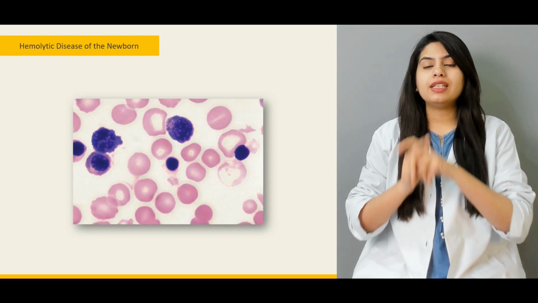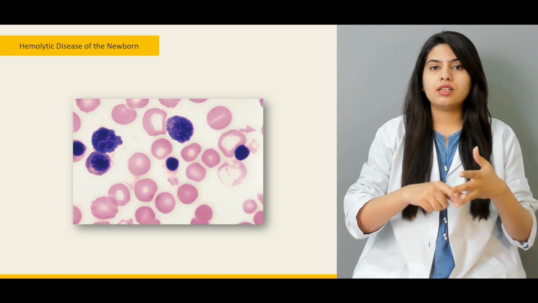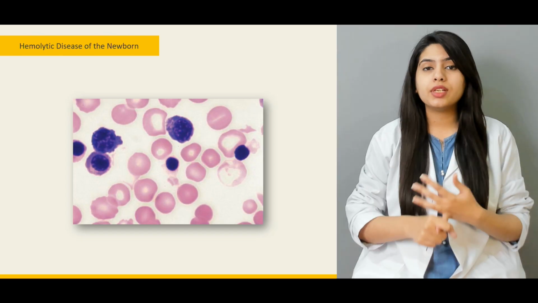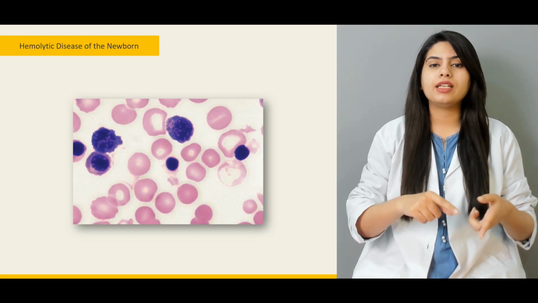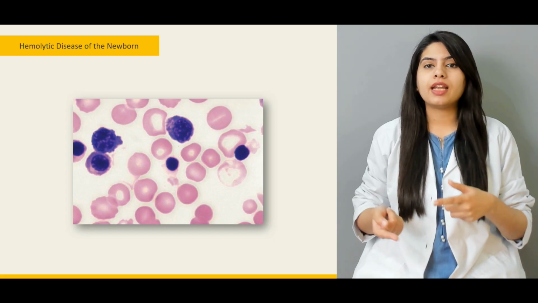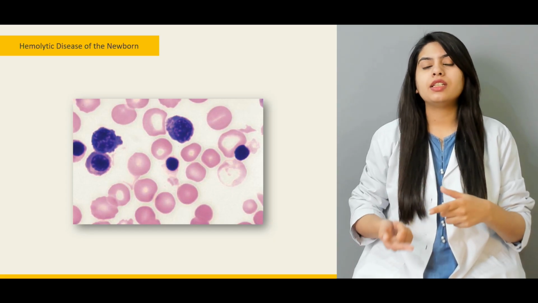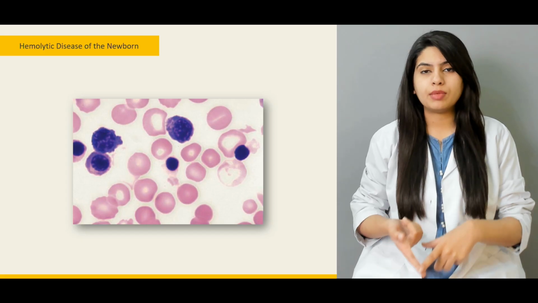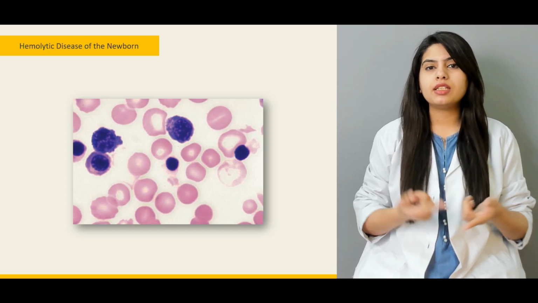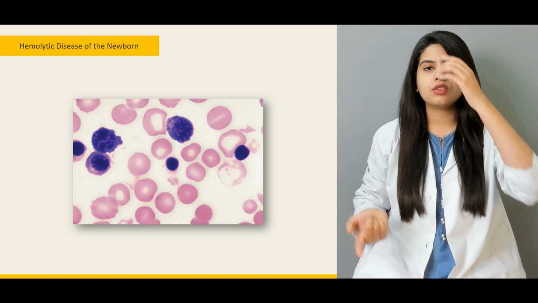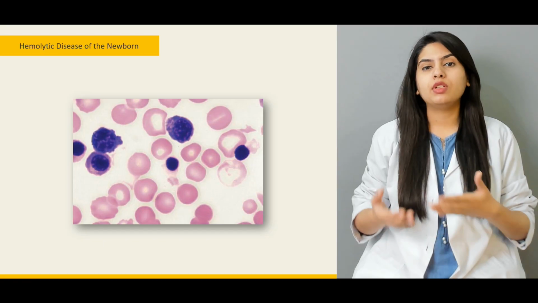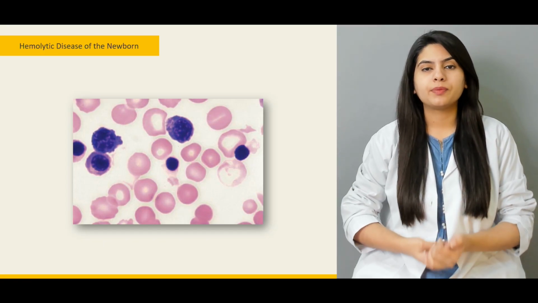Now, because of this reason, the immune system of the mother will produce alloantibodies, and these alloantibodies will cross the placenta, enter the fetus, and there they will cause the destruction of the red blood cells, because the antigen that was absent in the mother is present in the fetus, and the alloantibodies will bind to it and cause the destruction of the red blood cells.